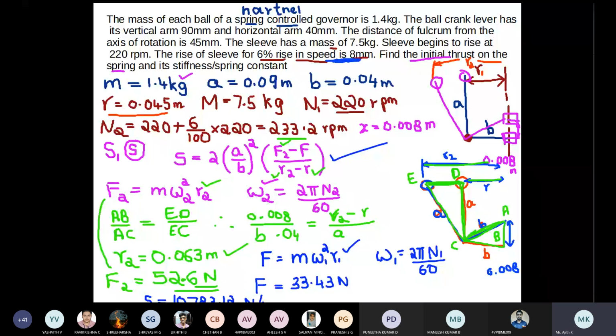So this is the value of spring constant. Half part is complete. You can take down solution. If you have any doubt, you can interrupt in the middle.